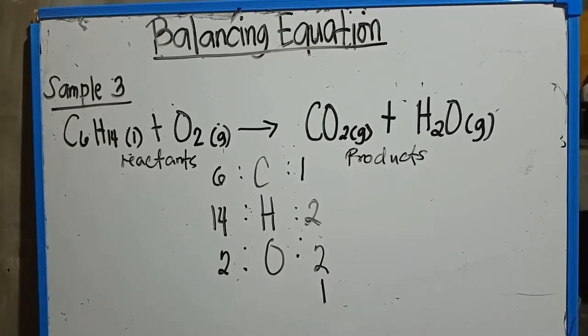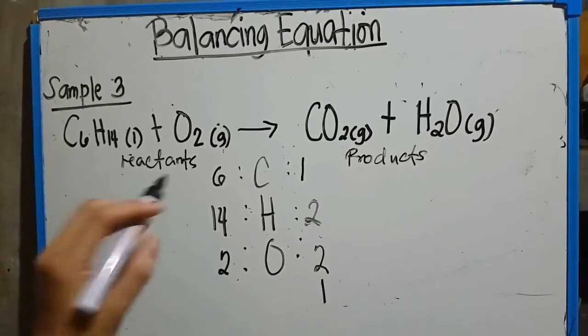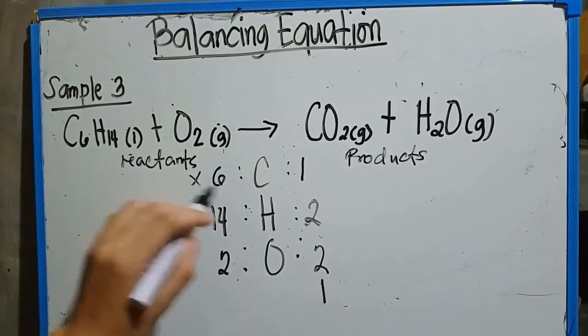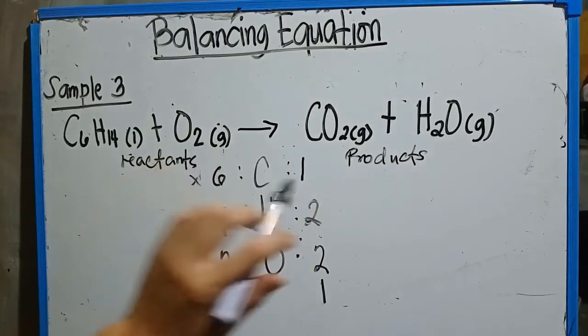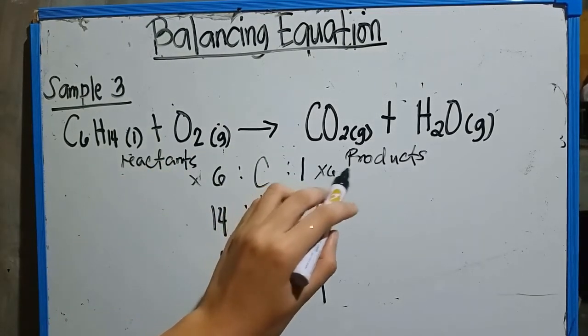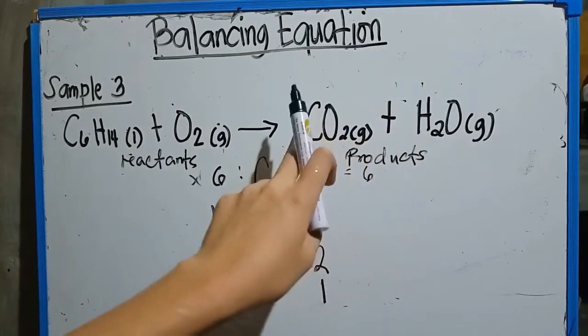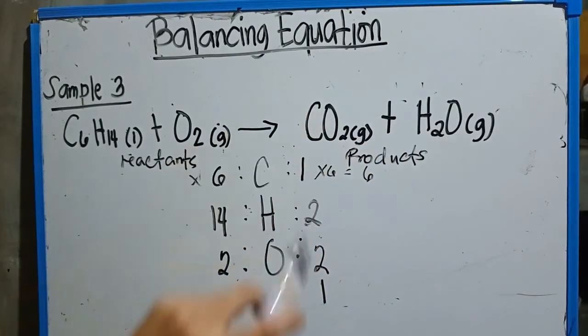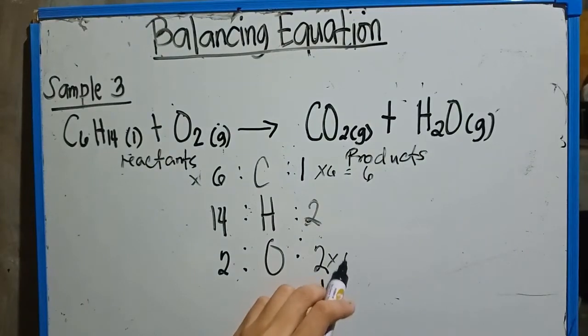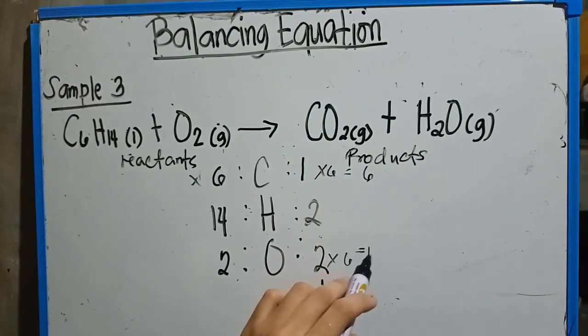So let's now balance our skeletal or chemical equation. So if we use 2 here, or if we use 6, so it becomes 6. So kung butang tag 6 dire, maapektuhan po ni siya. So if 2 times 6 becomes 12.